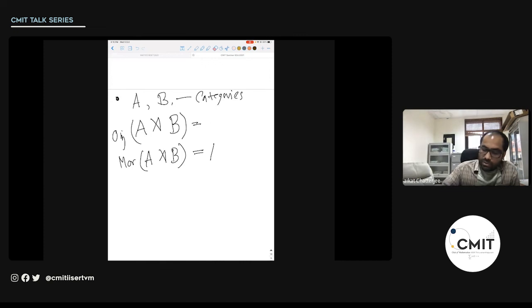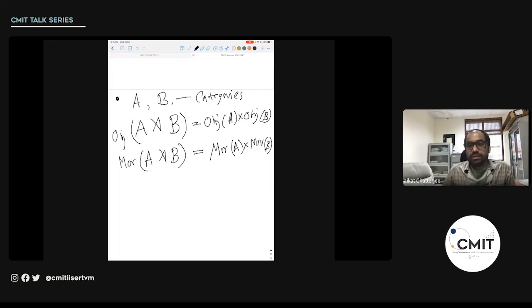This is object A times object B, and morphism A times morphism B. Right? So this is not what I want, I don't want it to be a direct product. How is this thing defined? Can anyone guess? Suppose A and B are two categories and I want to define this direct product category. How will the composition be defined?